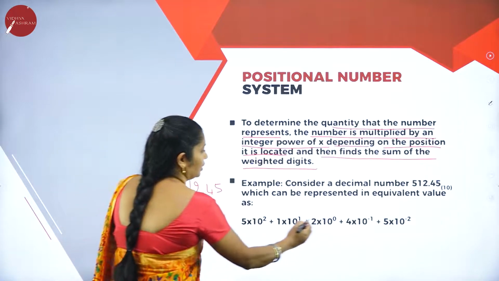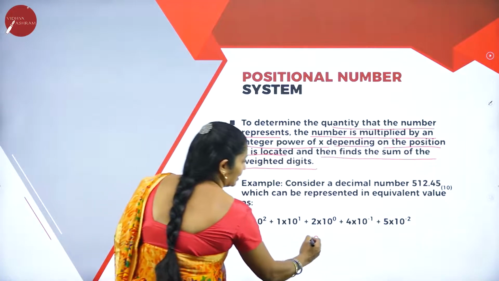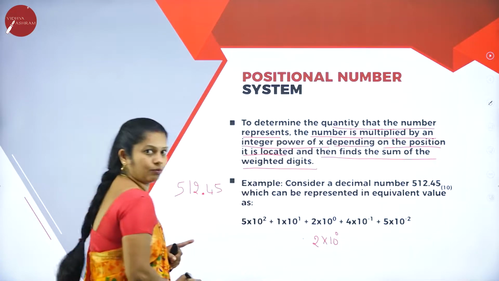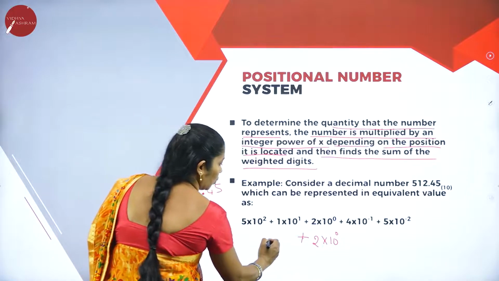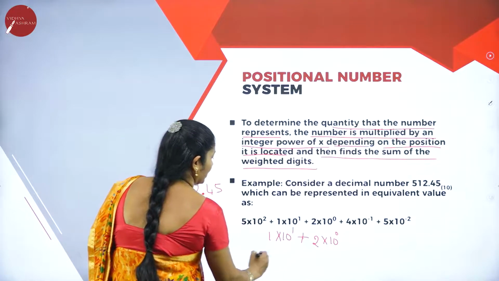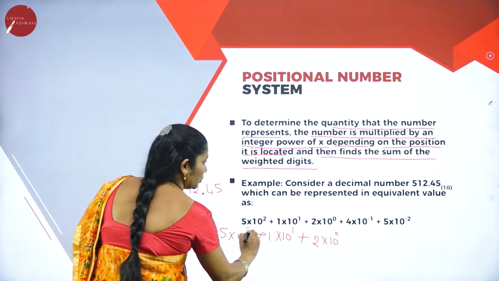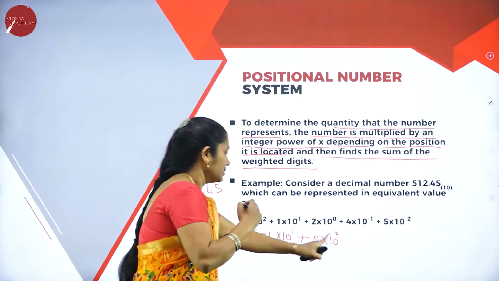For 2, we first write 2 into 10 to the power of 0. Then plus the next digit, 1 into 10 to the power of 1, plus 5 into 10 to the power of 2. The powers 0, 1, 2 increase from right to left.